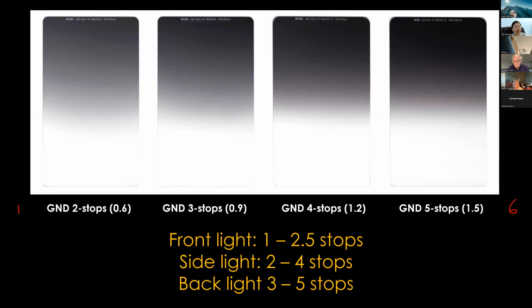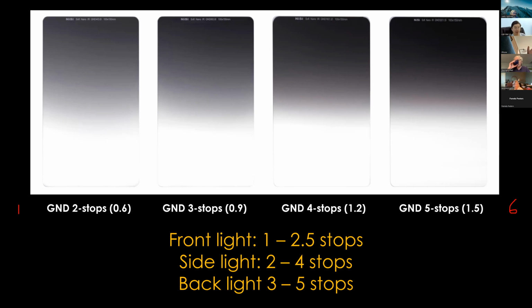In general, with front lighting, when the sun is behind you, the contrast between the sky and the ground is about 1 to 2.5 stops. If it's side lighting, when the sun is on the side, the contrast between the sky and the ground is about 2 to 4 stops.